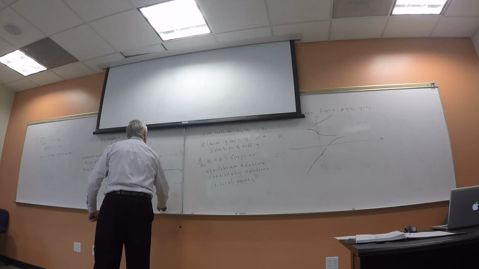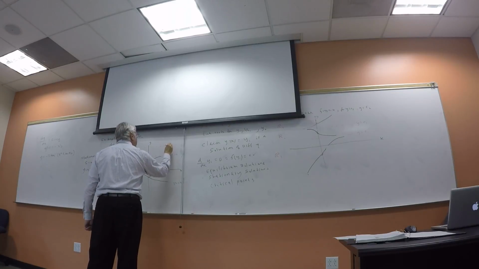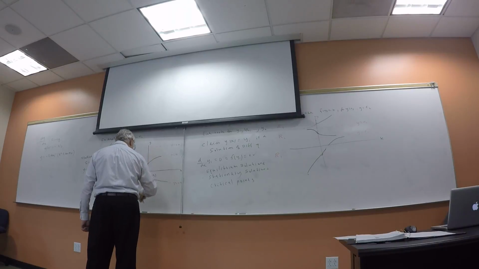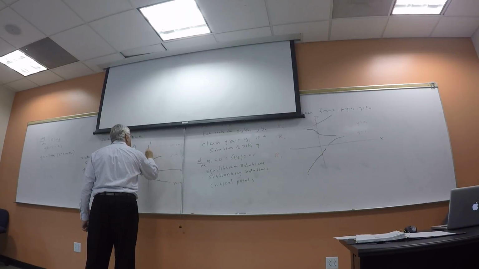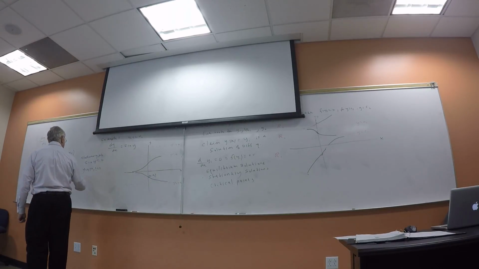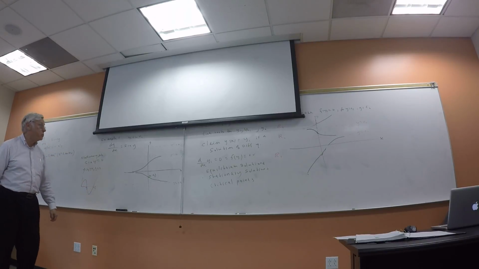Matter of fact, let's just do it for the fun of it, right? Let's say here's y equals 2 pi over here. That's the next equilibrium solution, y equals 2 pi, okay? And now suppose that I took a point between pi and 2 pi. The sine between pi and 2 pi is negative, right?